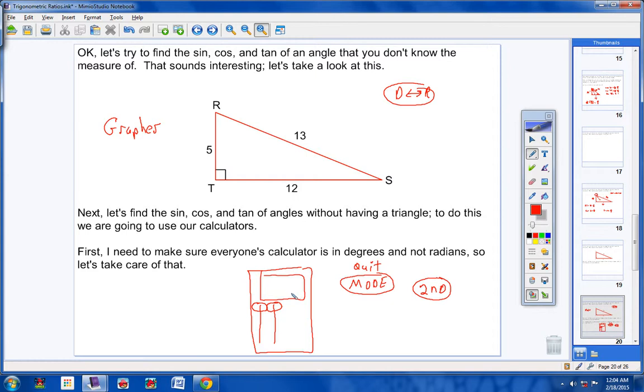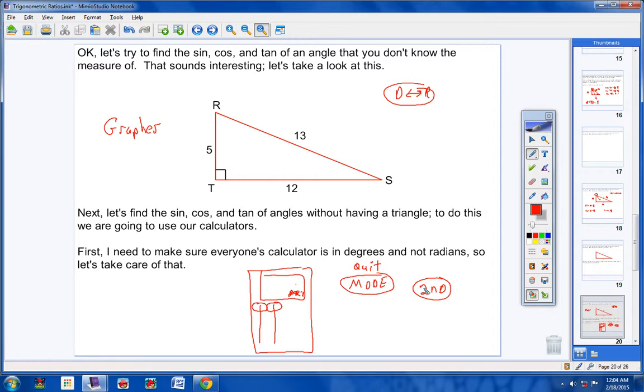Sometimes in the screen you'll see a D or an R, depending what mode you're in. Okay, you're going to have to figure that out. Ask for some help. If you need to, email me and send me a picture of your calculator with your phones or whatever, I can get back with you and show you how to make sure you're in degrees.